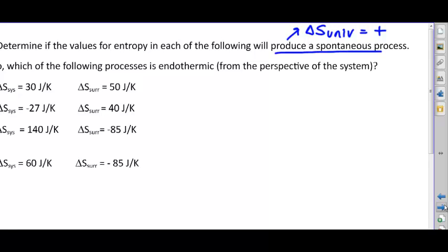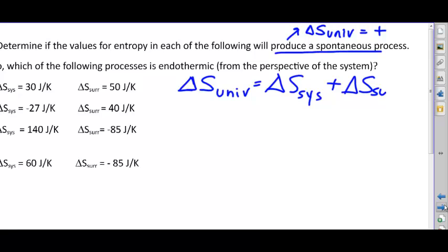Also recall from yesterday that we learned an equation for delta S of the universe. Delta S of the universe is equal to delta S of the system plus delta S of the surroundings.